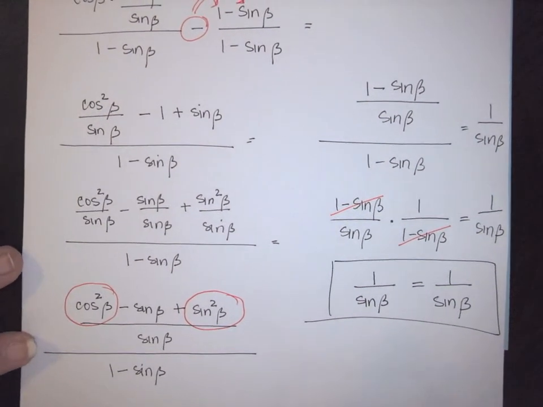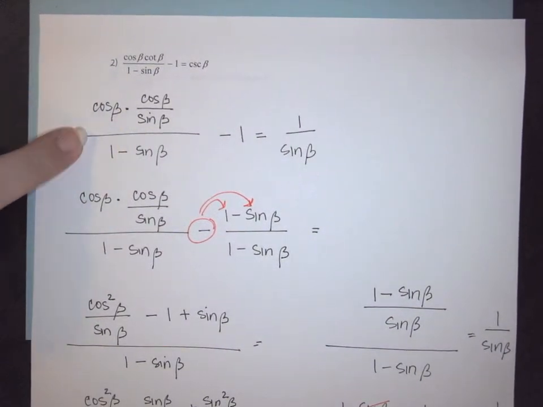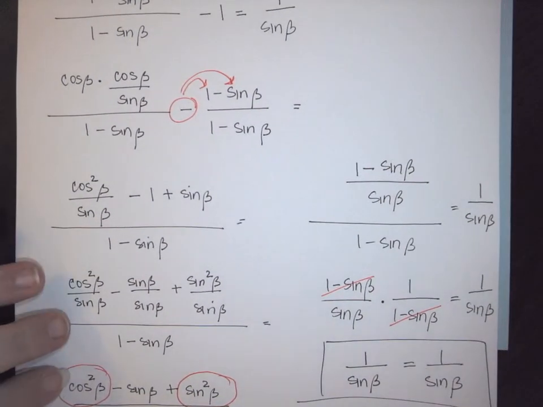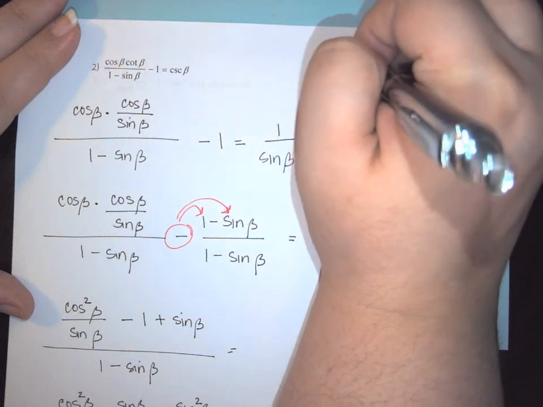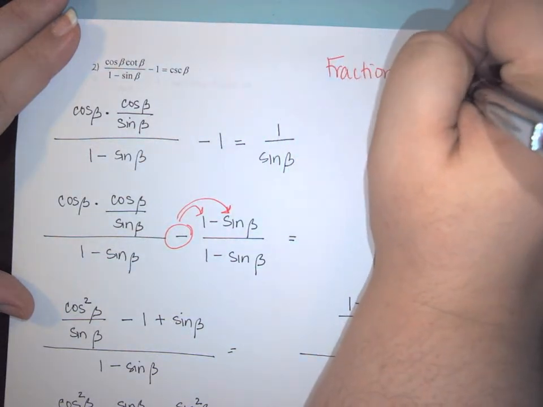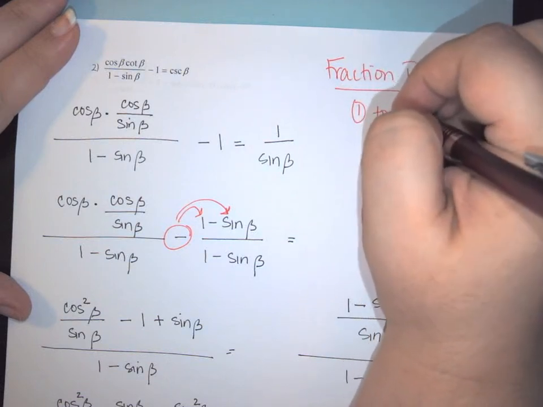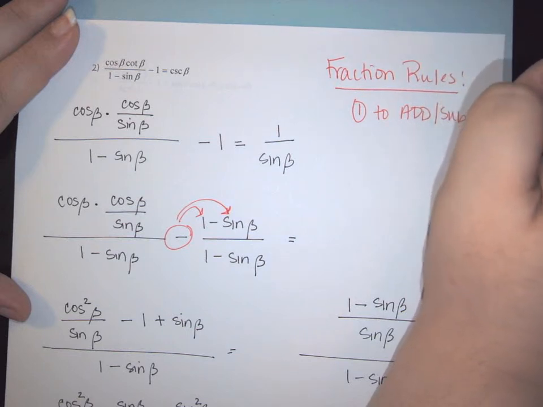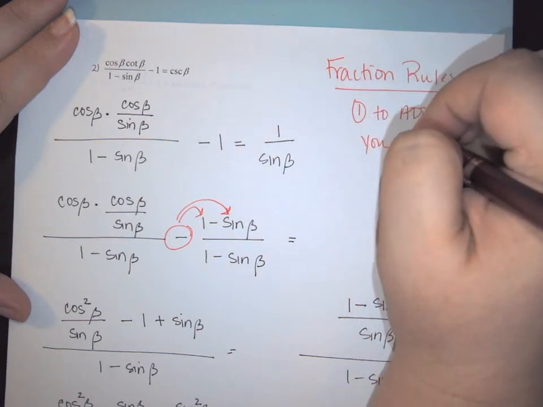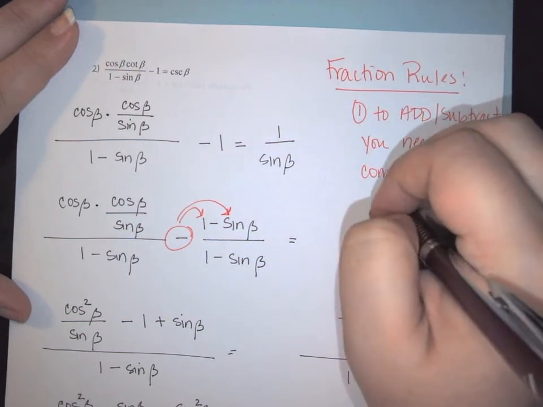So here, if you paid attention or if you look closely, what you'll notice is from the beginning, what we started out doing is manipulating our fraction all the way down. So in this, what we simply remembered was our fraction rules, which stated that to add or subtract, you need a common denominator.